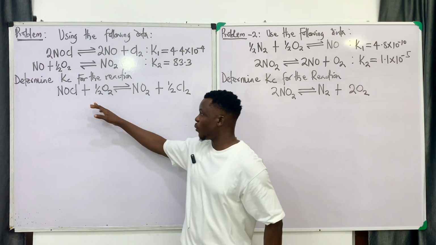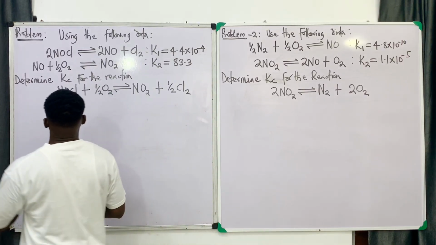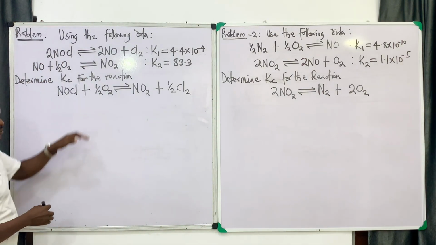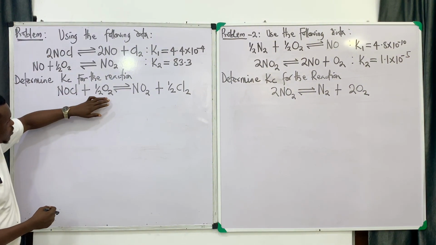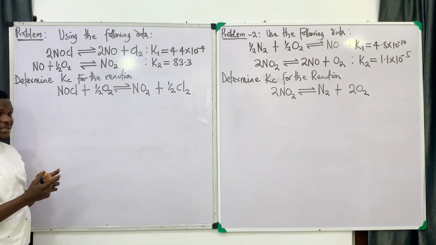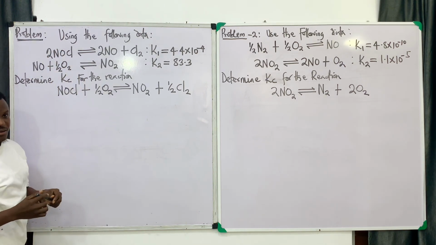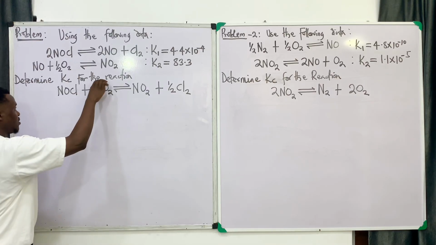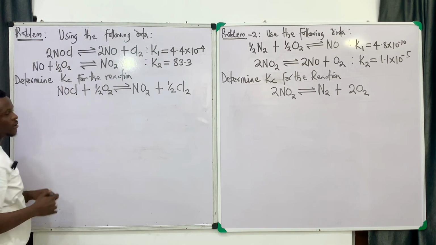You have to find the equilibrium constant for this reaction. So the first thing I'm going to do is come to this overall equation and rearrange these two equations to make it look like this. I want to get this overall equation from these two individual equations.